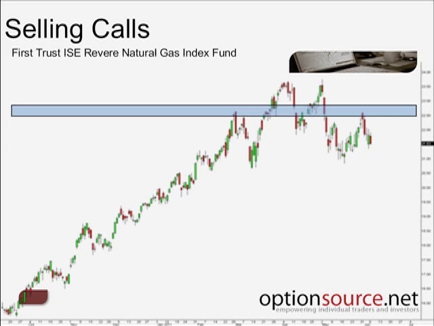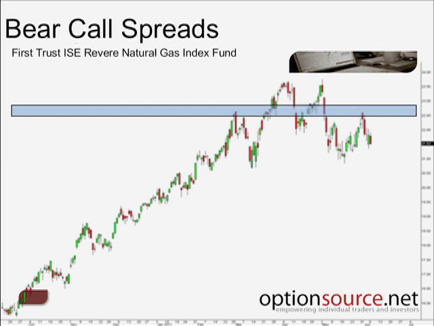The alternative is to do a naked call, again, for more sophisticated investors that have very effective risk management tools in place for managing that risk and have a trading methodology from which they actually do it. When they know something is in a downtrend and they sell the naked calls up above, it allows them to profit from the downtrend as those call options continuously expire. And so you just want to observe where some of these overhead resistance levels are and subsequently sell your options above those previous highs and lows.